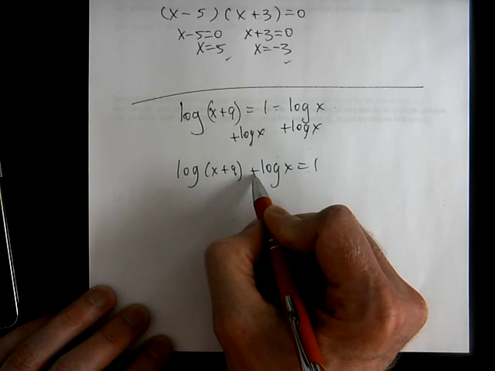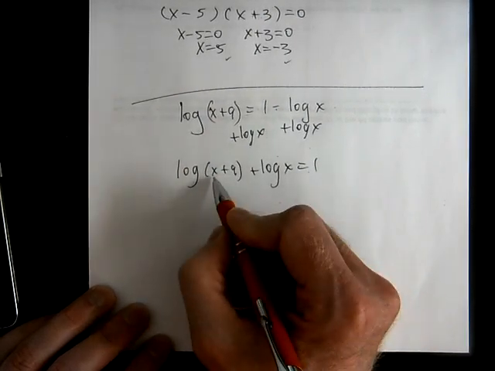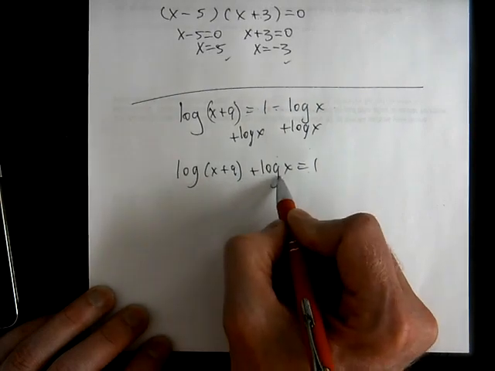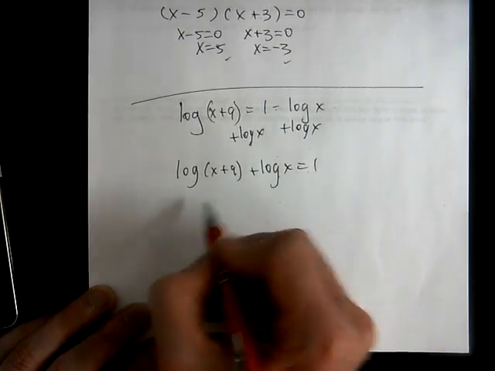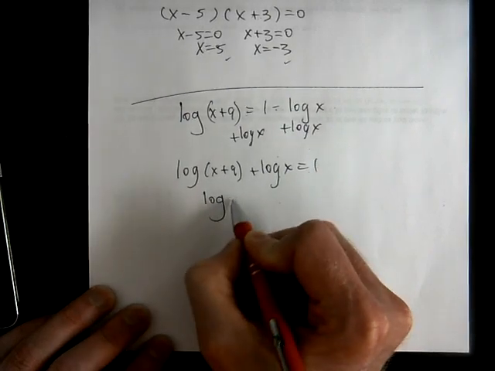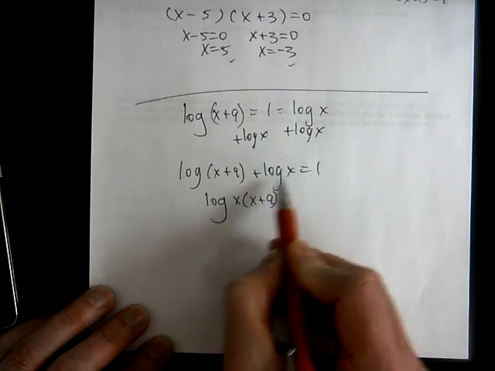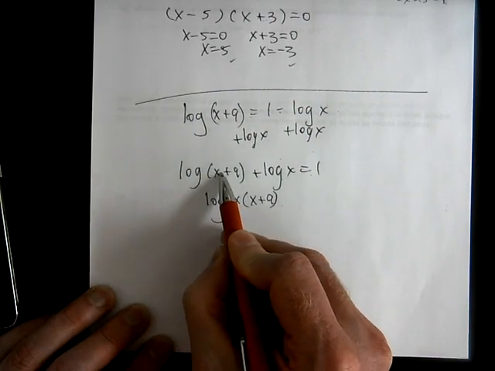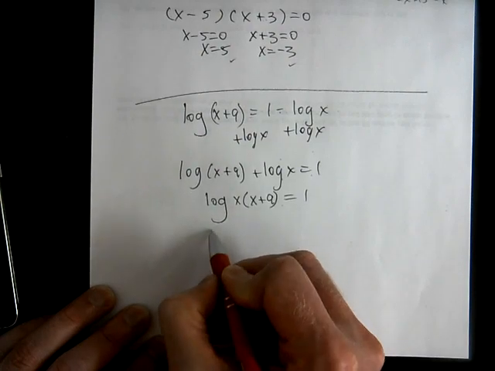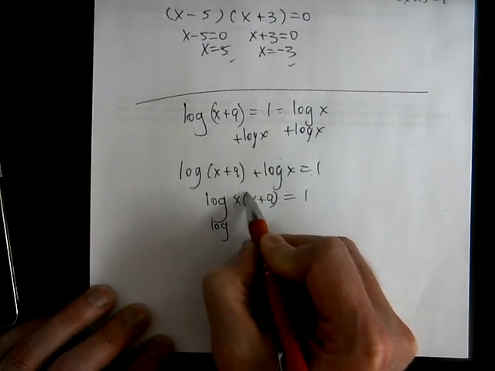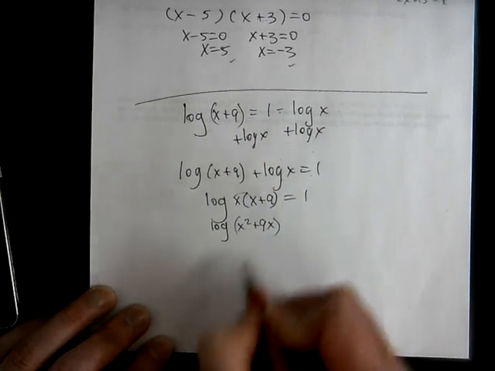Now, because we're adding two logarithms with the same base, they're both base 10, common log, we're going to multiply x times x plus 9, which would be x squared plus 9x.